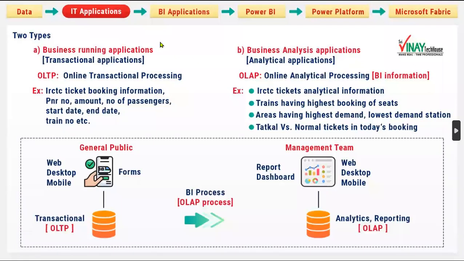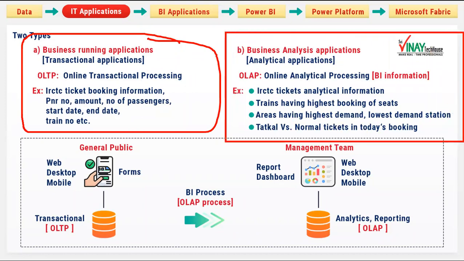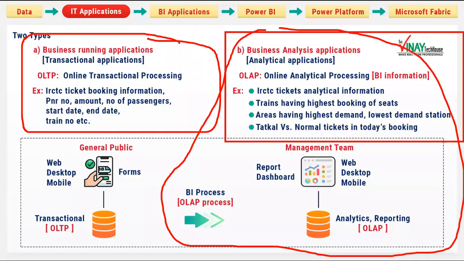Later, I moved to IT applications. A few applications are for business running, a few applications are for analysis. But you have taken a path to analyze the data and you participate in this area. I explained this yesterday.